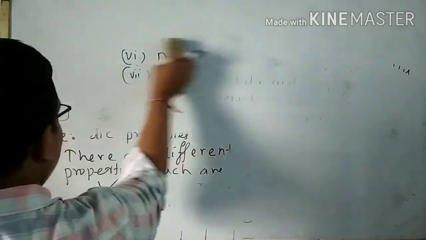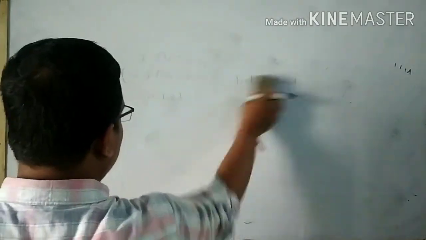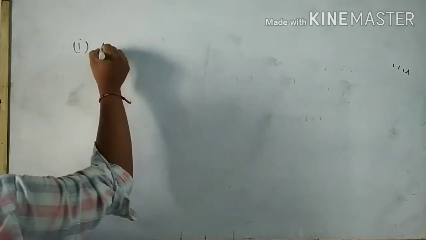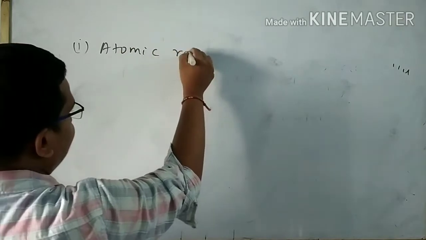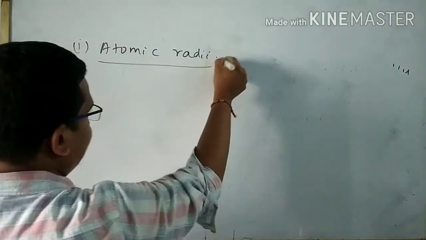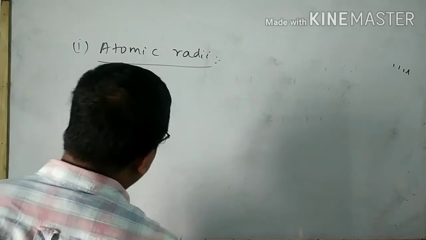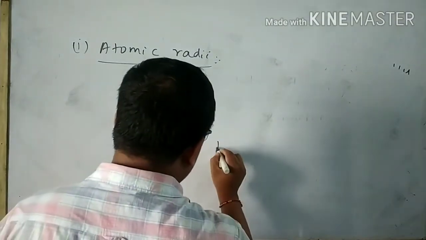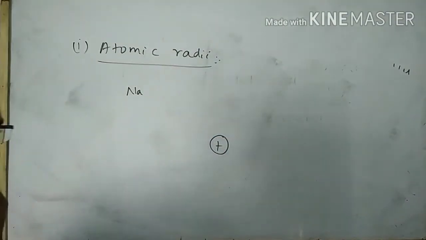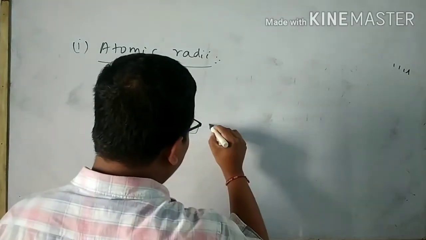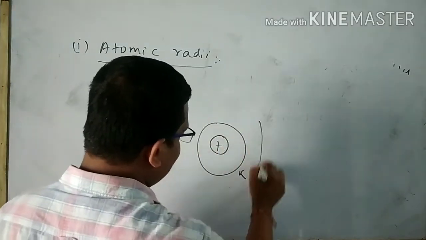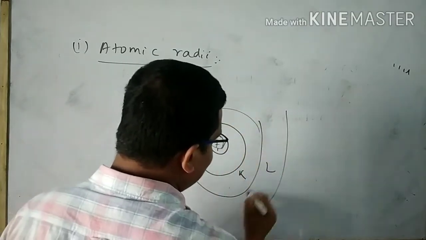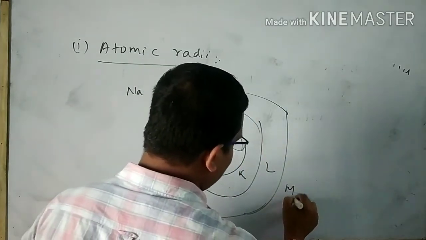What is atomic radii? First is your atomic radii. What is the meaning of atomic radii? Suppose we take an atom, sodium. If I write the electronic configuration of sodium according to the shells, this is the K shell, this is the L shell, this is the M shell.